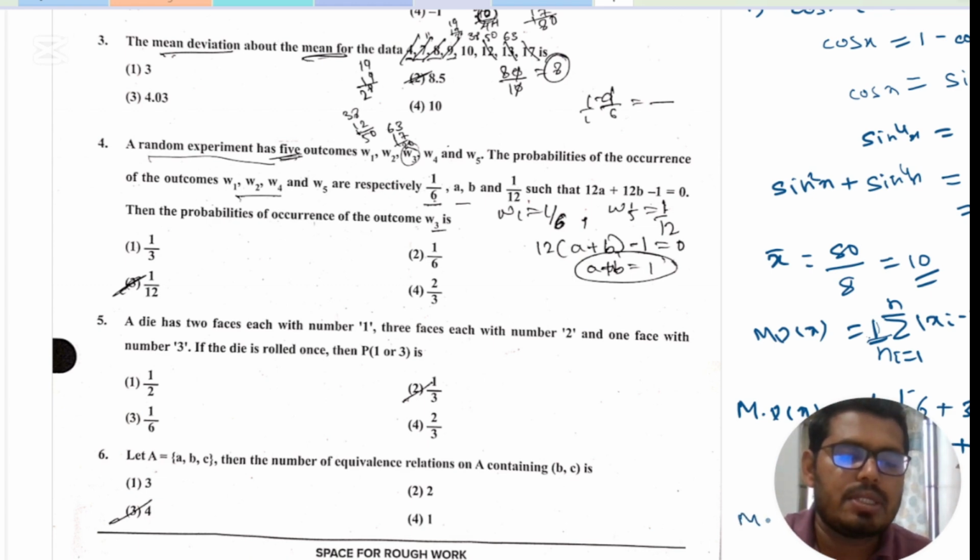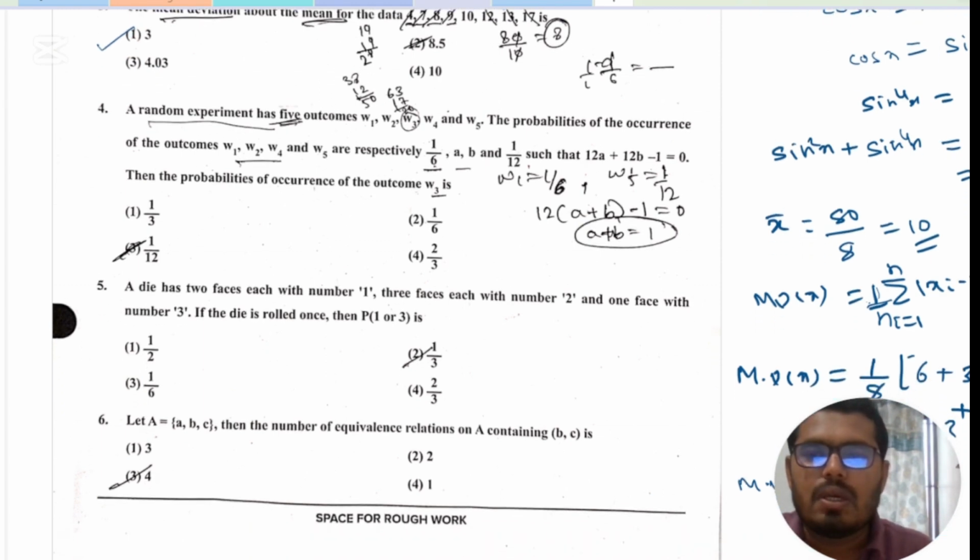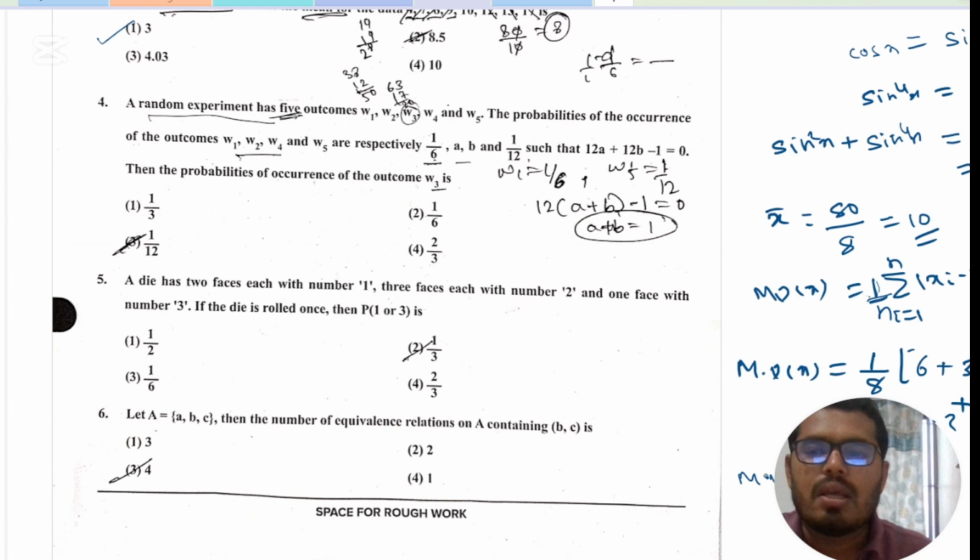Therefore mean deviation about mean is equal to 3. Therefore option number first is correct here. Okay, then we go to the next question.